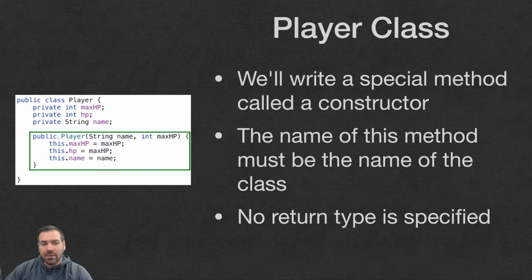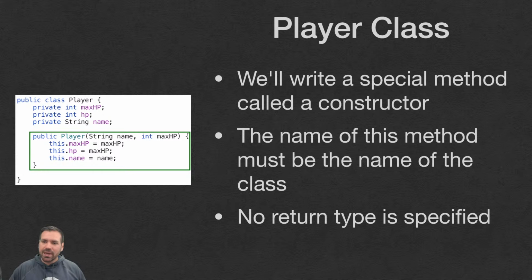In fact, if you put any return type here, if you put a return type of Player, for example, Java's going to be mad at you and say, hey, this looks like a constructor. You don't do a return type for a constructor. So just no return type specified in your code, but a constructor, when combined with the keyword new, will return a reference to the object that was created.